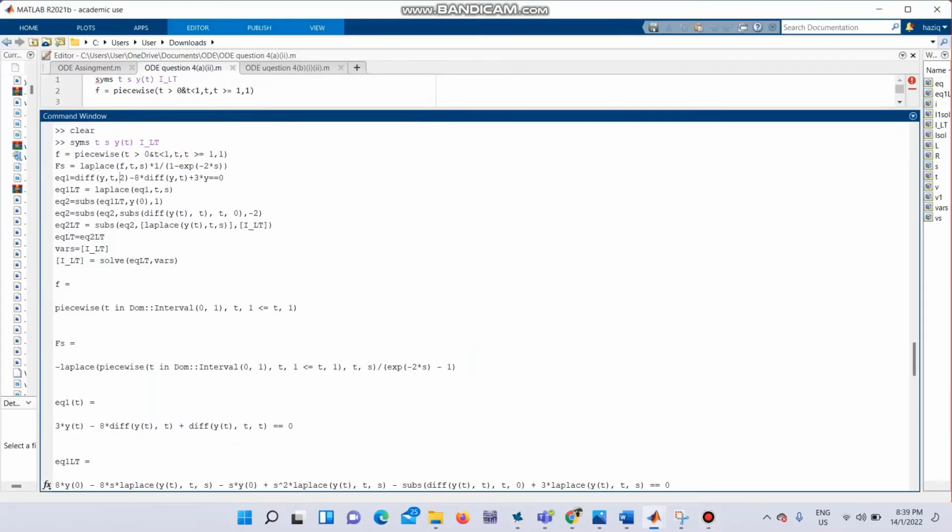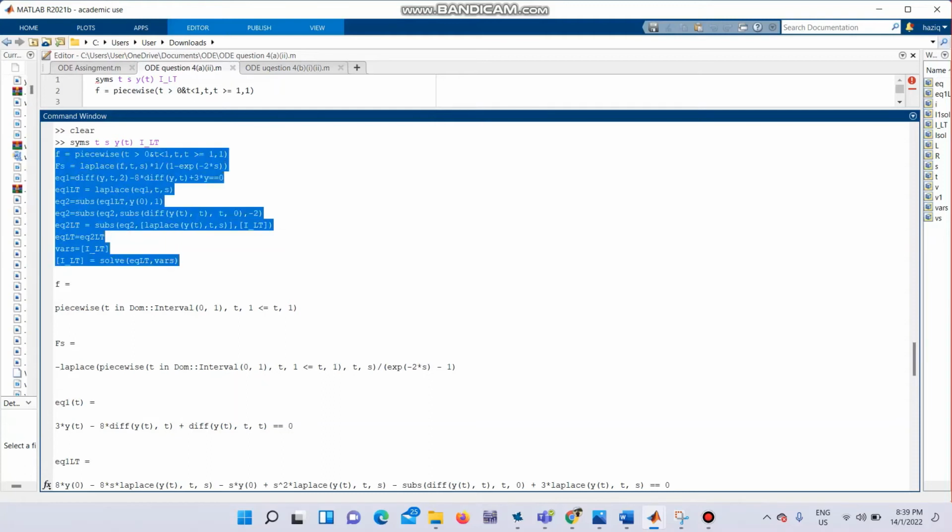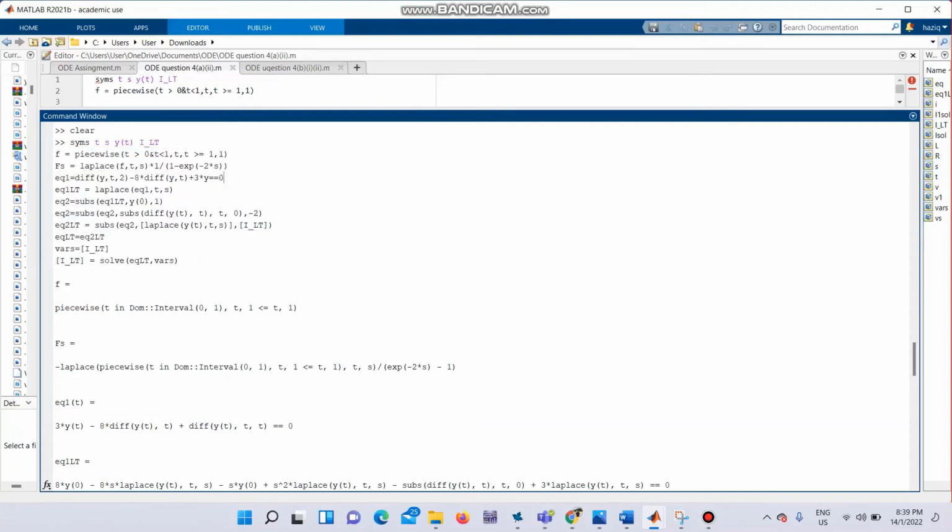Okay, the next part is for question 4A part 2. So firstly, we declare the syms t, s, y(t) and I_lt. So this is all the input that we determine to get the output.